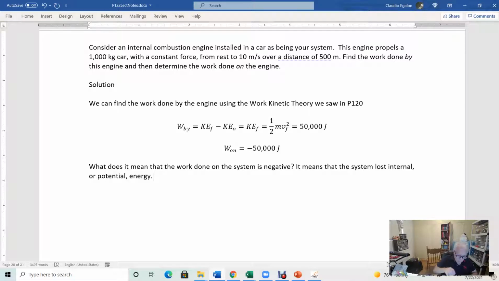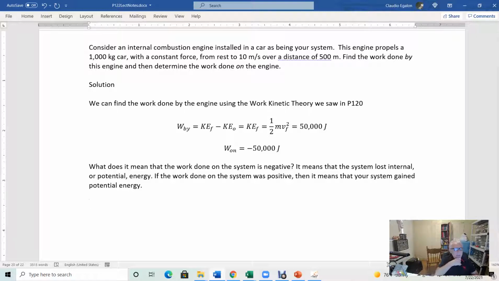If the work done on the system was positive, then it means that your system gained potential energy.